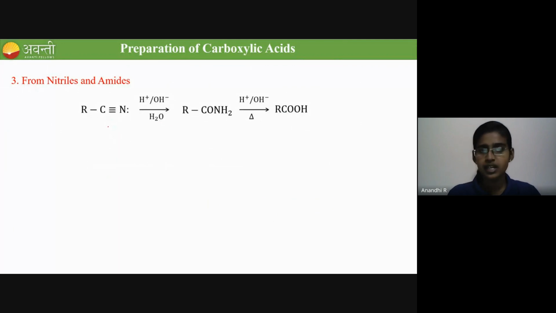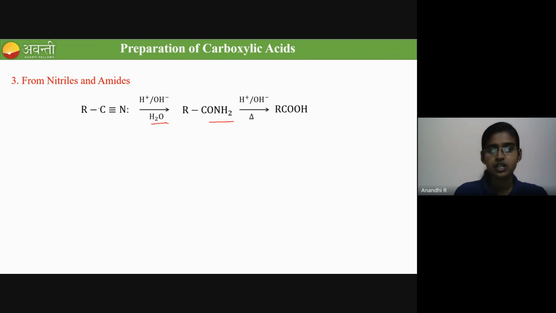So nitriles on treatment with acid H plus or a base, we can do acid hydrolysis or base hydrolysis. And this acid or base hydrolysis of nitrile leads to the formation of amide. This is called amide. Okay.